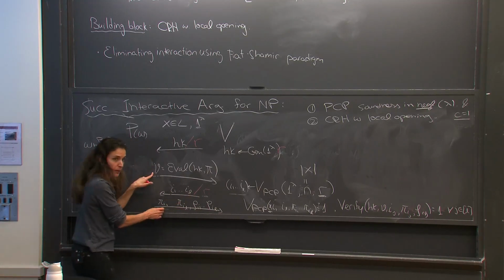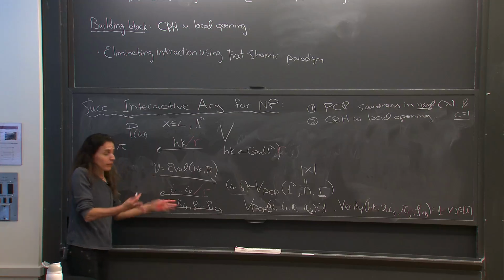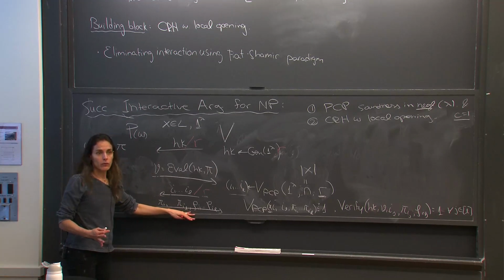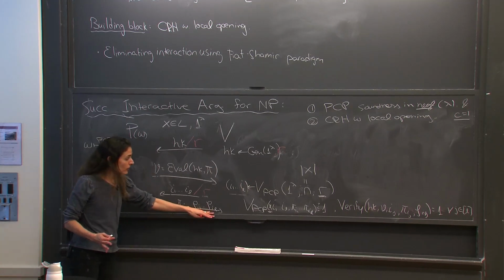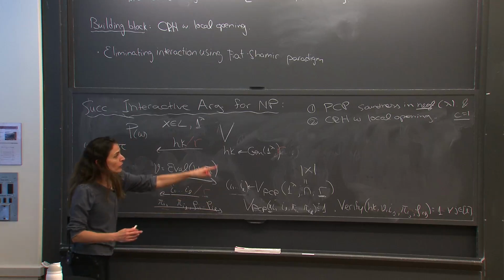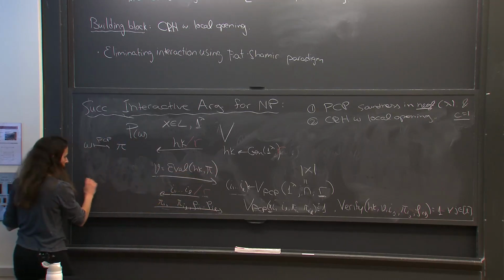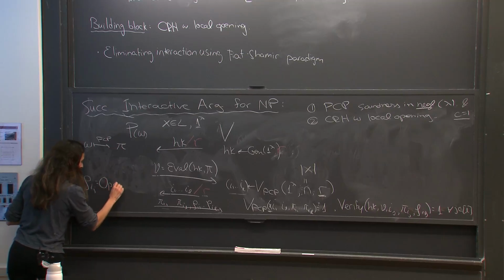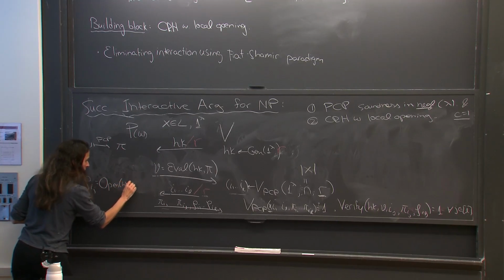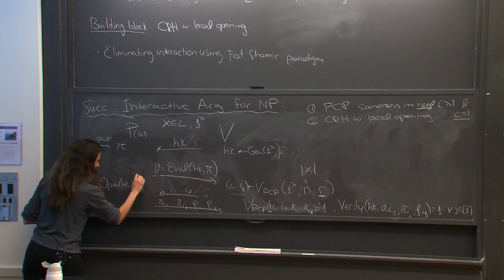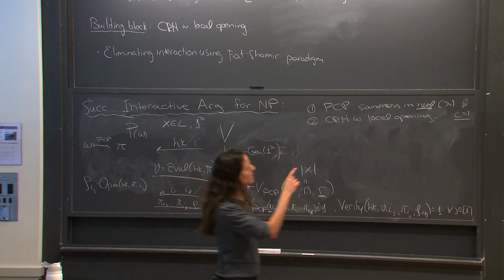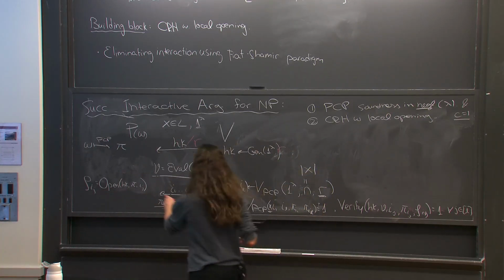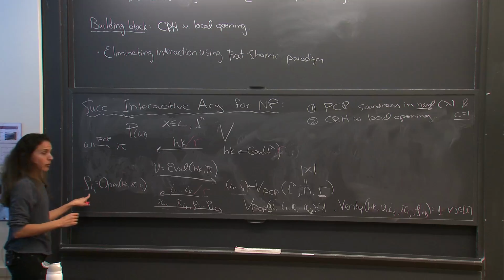He opens the PCP. Now these are accepted with probability 1. Now he generates also open. These rows are from open, right? I didn't write it, but row ij is computed by running open on the hash key and pi ij. That's how he generates row ij.